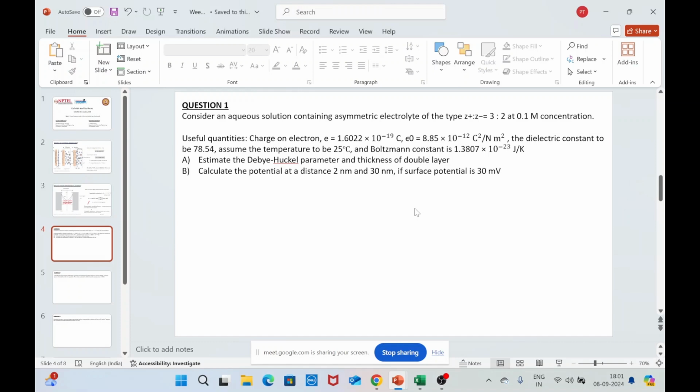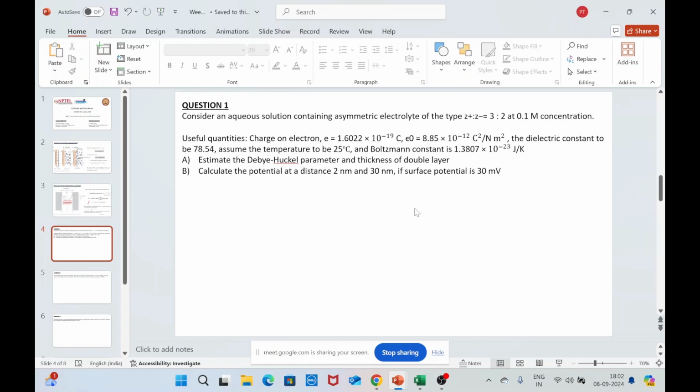Okay. So this question is similar to what we have done in the last class also, but again, we will try solving more of these problems, which will be useful for you. So question one is: consider an aqueous solution containing asymmetric electrolyte. Again, I hope you are able to recollect what is asymmetric electrolyte and symmetric electrolyte. A symmetric electrolyte is where the valency of both your cation and anion is the same.